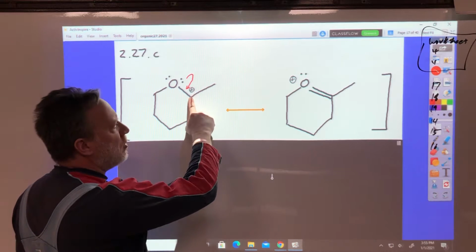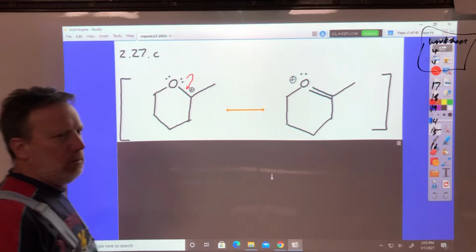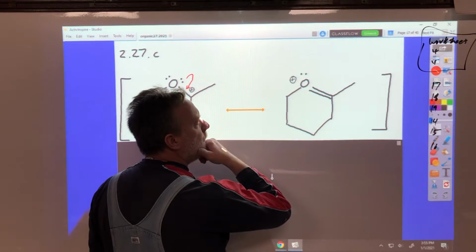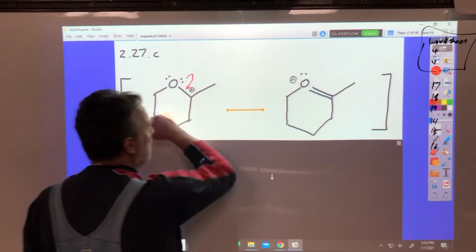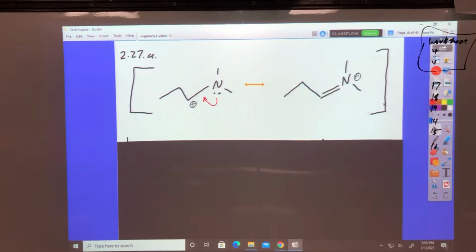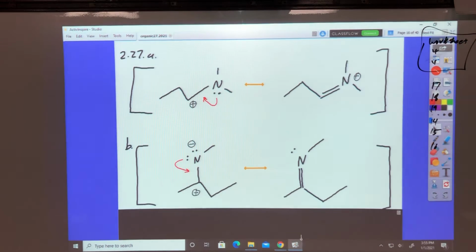You've got a positive formal charge on this carbon, so a lone pair will jump in there and make a double bond. That leaves, when you're done though, a positive formal charge here. Don't forget your bracket, don't forget your double-headed arrow. I want to make sure I didn't forget a formal charge back here on this page. No, we're good.